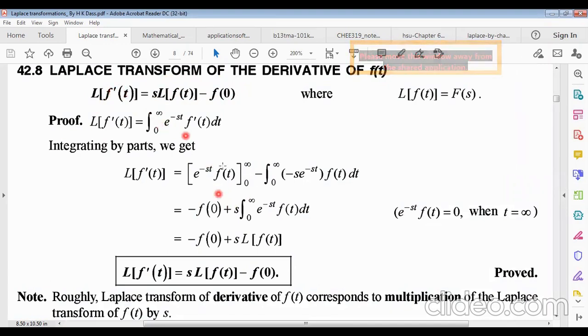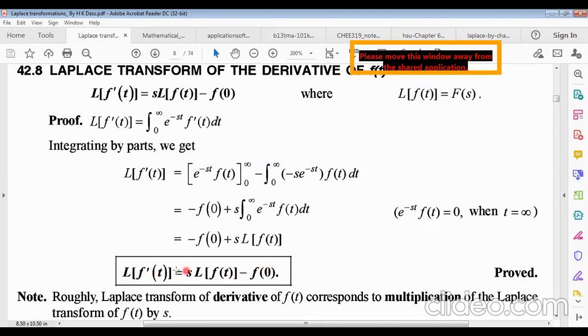We proved this in our previous lecture using the definition of Laplace transformation. You can note down in your copy: the Laplace transformation of the first derivative of f of t will be s times the Laplace transformation of f of t minus f of 0.